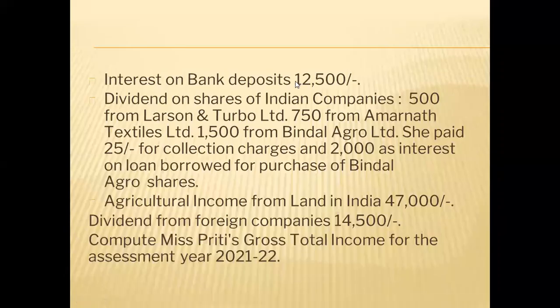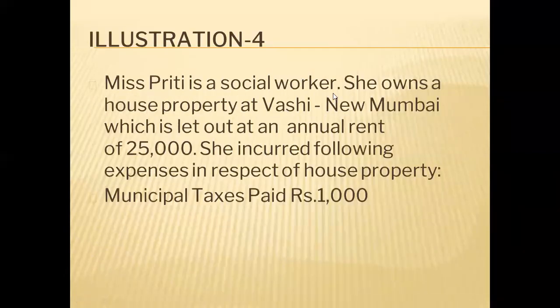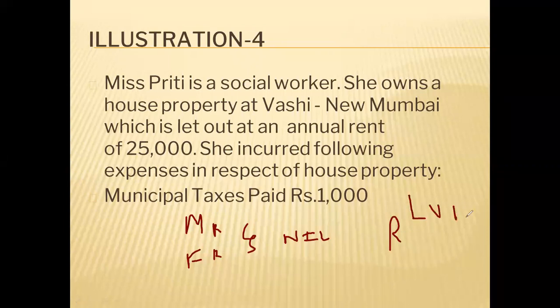If you see the question, here municipal rent and fair rent details are not given. So we will have to assume them as nil. So if municipal rent and fair rent are nil, reasonable let out value will be nil, no? Because reasonable let out value is the higher of municipal rent or fair rent.